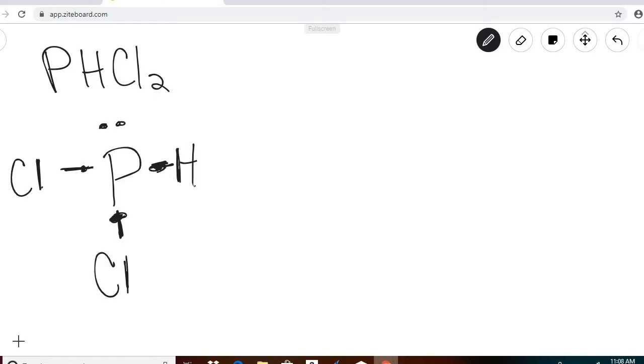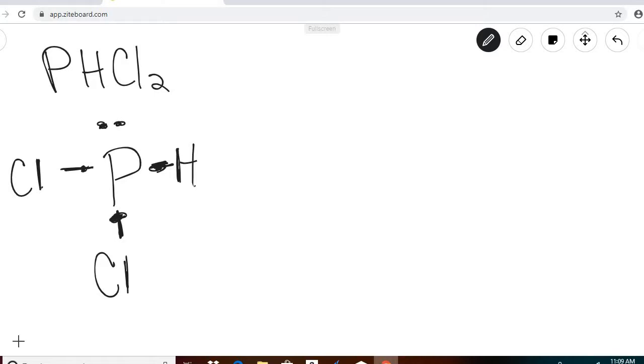So then we look, and around that phosphorus, you see that there are 4 electron pairs. But one of the pairs is non-bonding. So this pair is non-bonding.